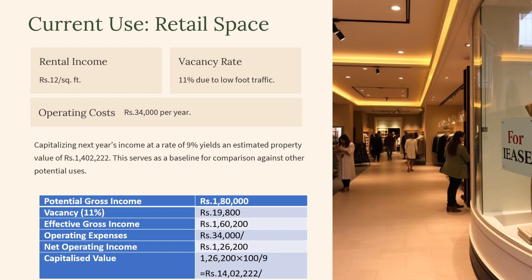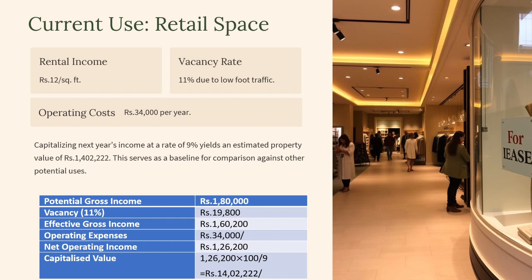See here, rupees 12 per square feet, 15,000 square feet is the area. So the potential gross income is 1,80,000. Vacancy rate is 11%, meaning 19,800. So effective gross income will be 1,80,000 minus 19,800, which is 1,60,200.